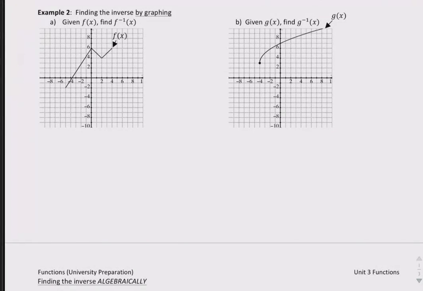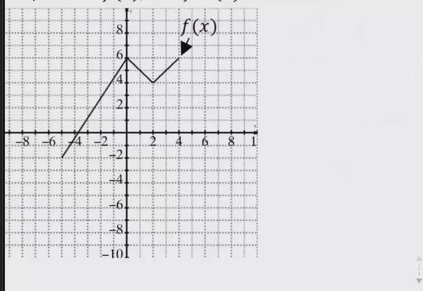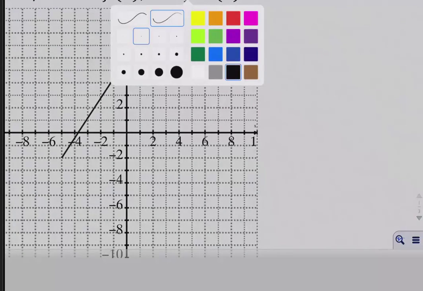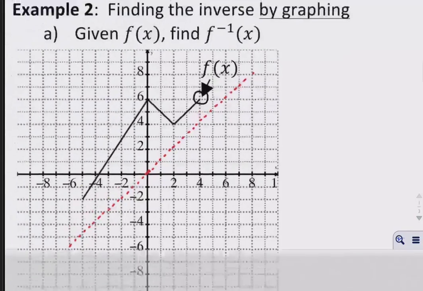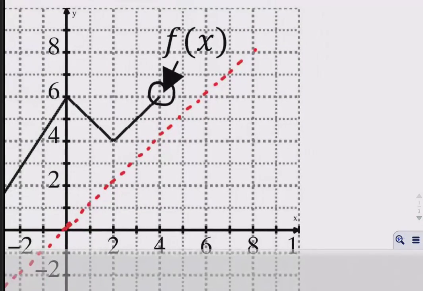So let's look at example 2. I have my function f. I'm going to draw my 45-degree angle line through the origin, and also going in the negative direction. To reflect this, I'm just going to reflect some key points, distinguishable points. For example, this one here, I'll reflect in the line and it'll be over here. Notice that the point 4, 6 becomes 6, 4.